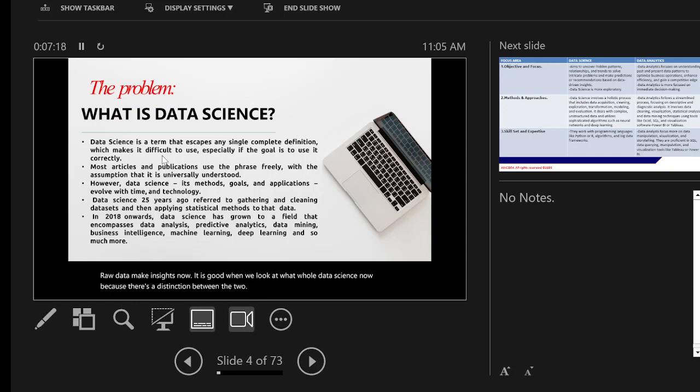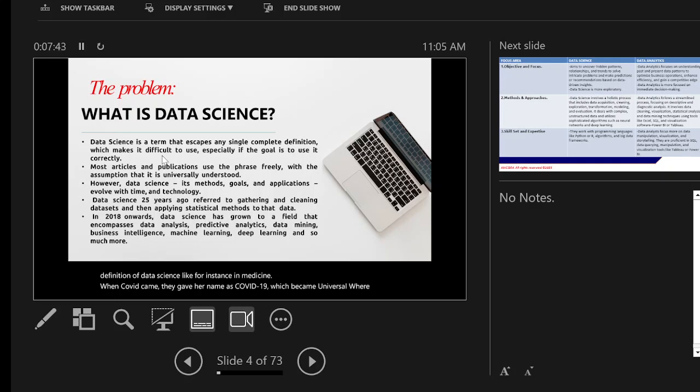When you are talking about data science, it is a term that escapes any single complete definition. There is no universal definition of data science. For instance, in medicine, when COVID came, they gave it the name COVID-19, which became universal.